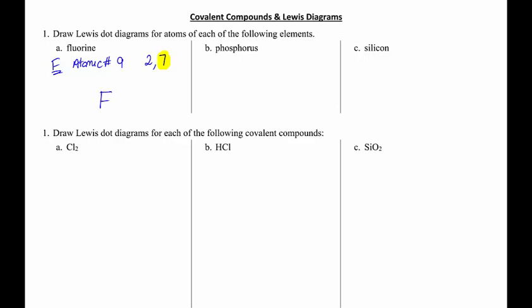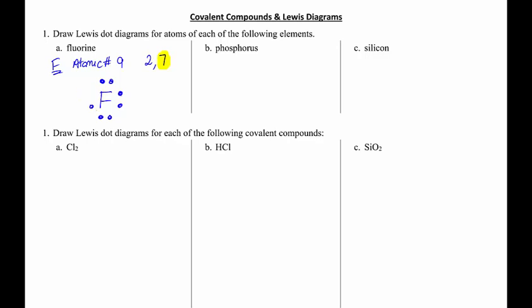So we've got fluorine, 1, 2, 3, 4, 5, 6, 7. So the dot diagram represents the outer electrons. And you can easily see that it needs one more electron to attain the configuration of the nearest noble gas, which in this case would be neon.